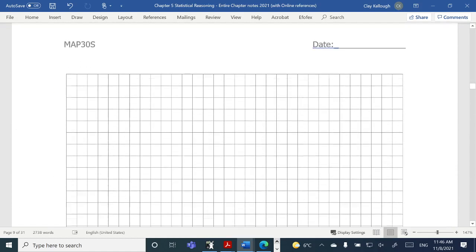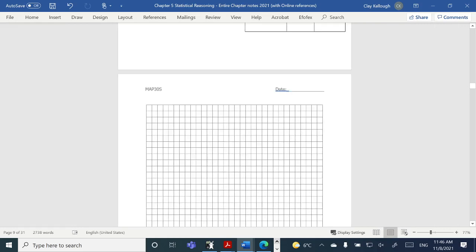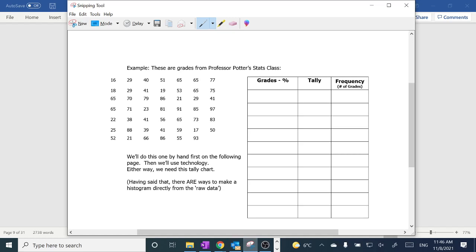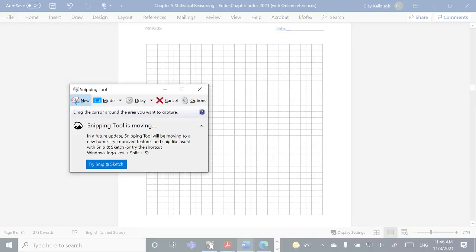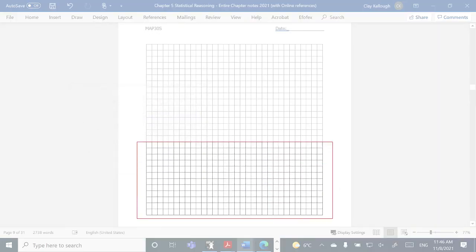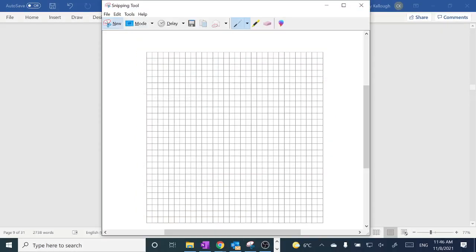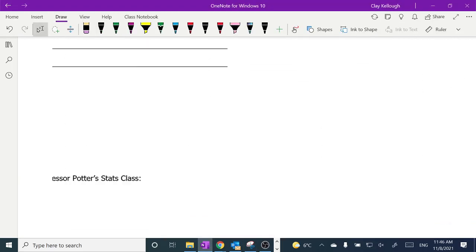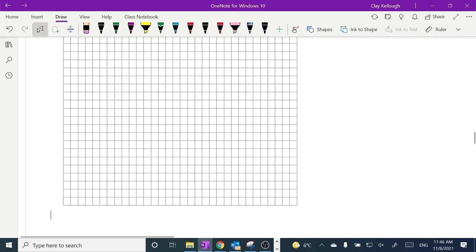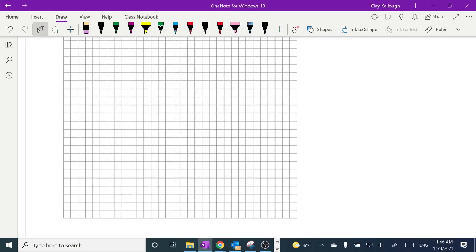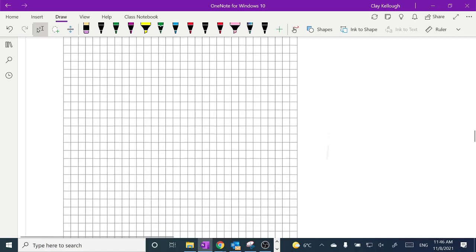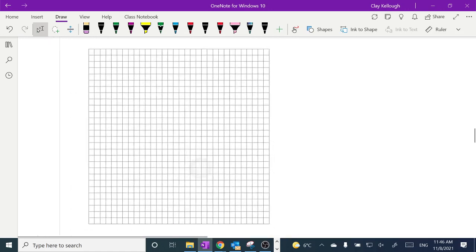Don't make it too small, make it so that it fits, and then cut, new. Okay, there we go. Copy, and paste. Okay, so we would like to put this data into a graph.